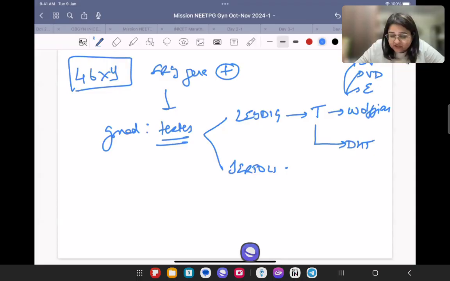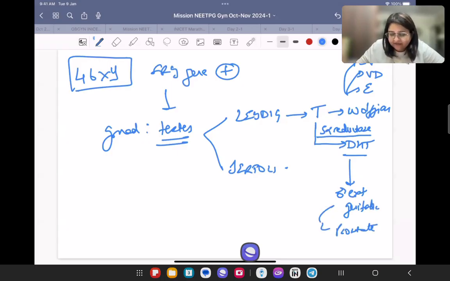And this conversion happens by which enzyme? Which enzyme will convert testosterone to dihydrotestosterone? Yes, 5-alpha reductase. And this dihydrotestosterone is responsible for the development of the male external genitalia and also the prostate gland.